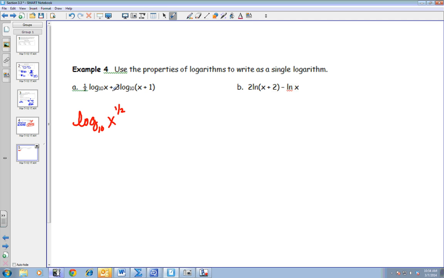Then it says plus, but plus is rewritten as multiplication. I don't write my log again, I only write it one time. It's x plus 1, but this 3 is in front, so that used to be an exponent. So that is my answer, or we should know that anything to the 1/2 power is the square root. And then that is my answer.